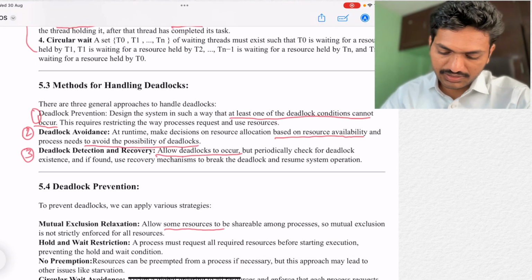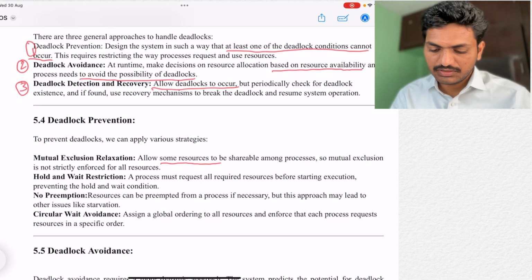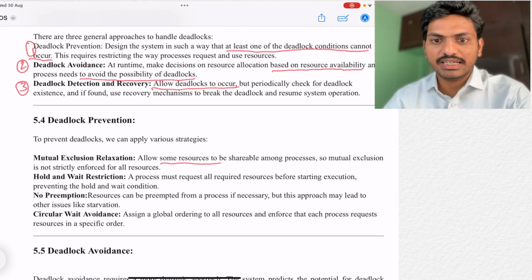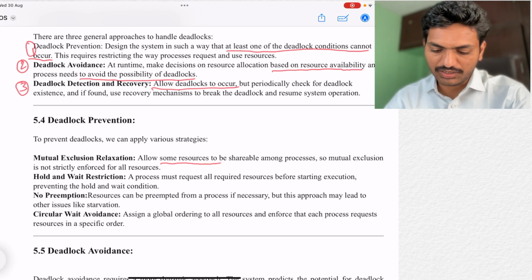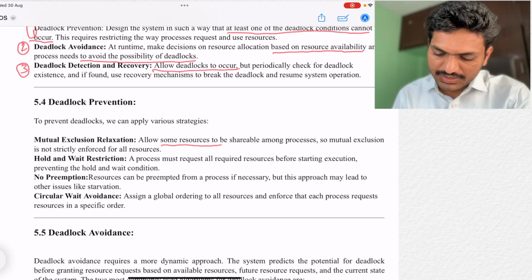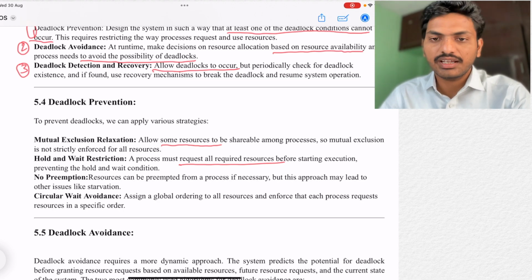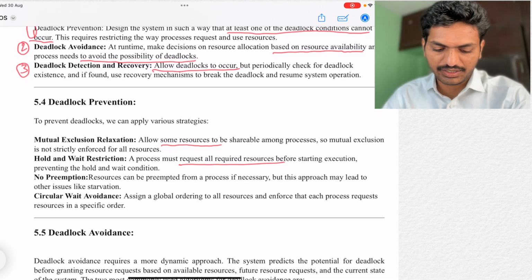Here it is saying to make some resources shareable and some non-shareable. Right? Hold and wait: must request all the resources before starting of the execution. So you start the work only when you get the resources. That is the idea.